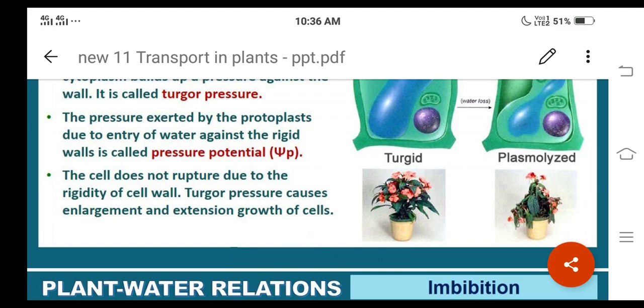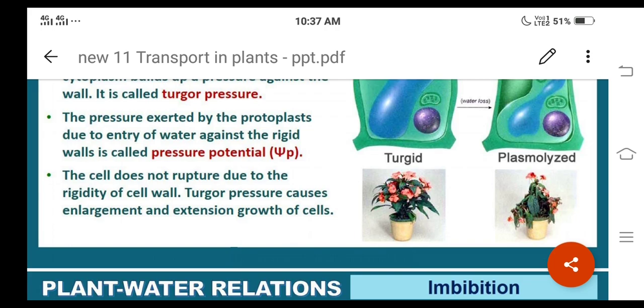Finally, in the textbook they ask one question during this concept: what occupies the space between the cell wall and the shrunken protoplast in the plasmolysed cell?